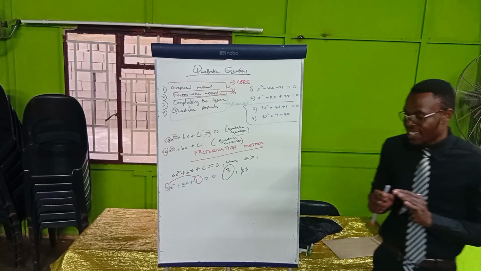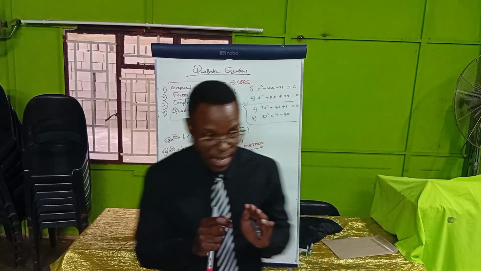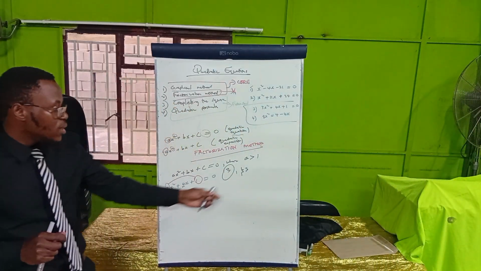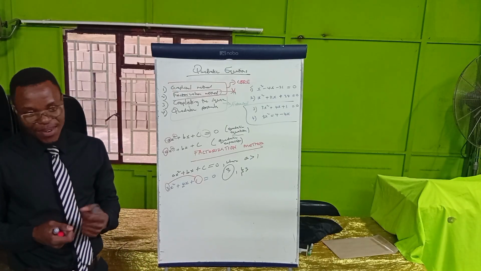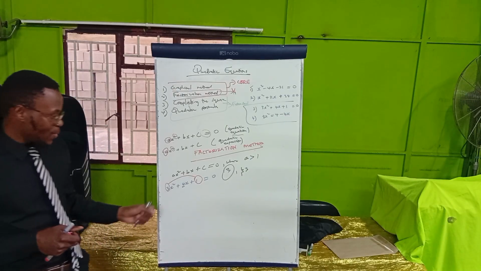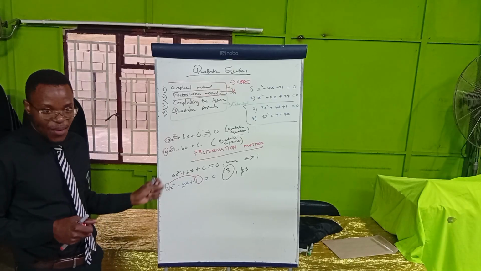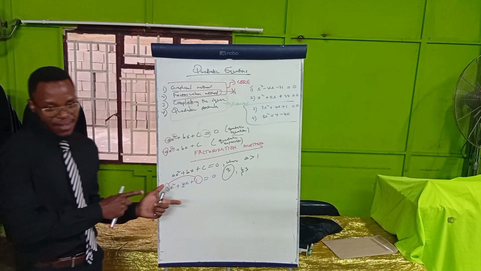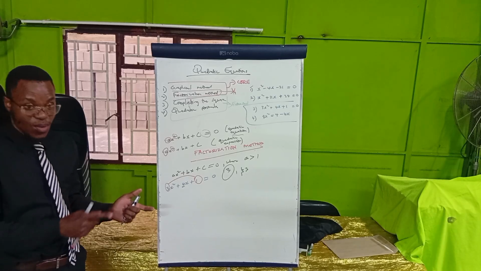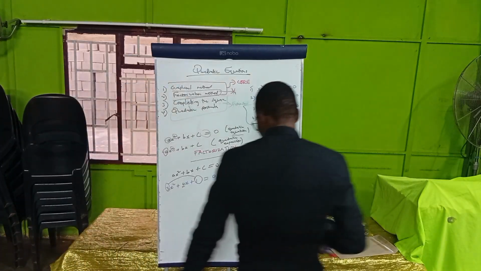And then again, I cannot stress this enough. If we write x plus 1, x plus 3, we get the wrong answer. The reason is because we no longer have a coefficient of 1. So we are obligated to do the grouping.